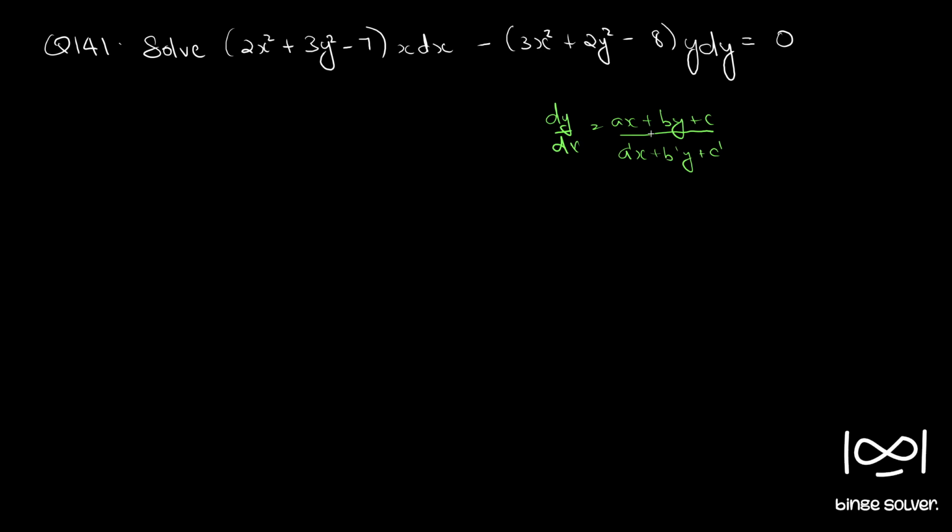But that form has the powers of x and y as 1, whereas here we have x² and y² terms in this equation. We need to use some substitution to convert it into this form, if possible, to solve this equation.